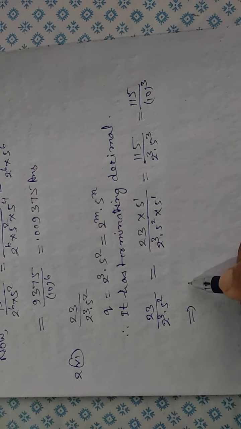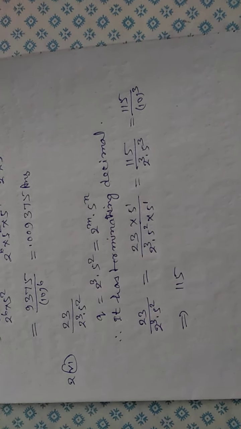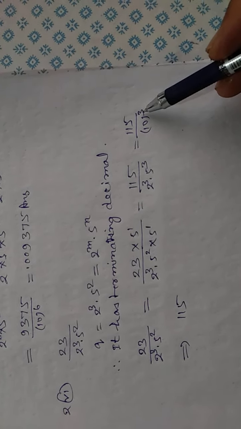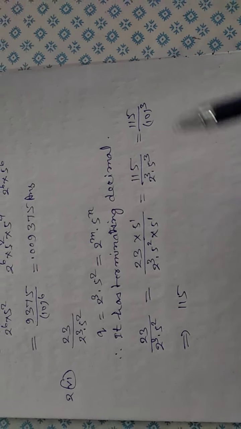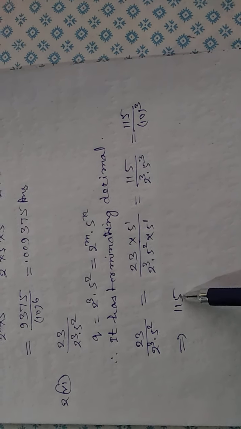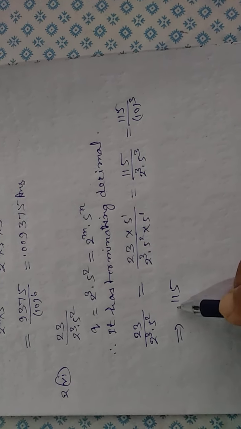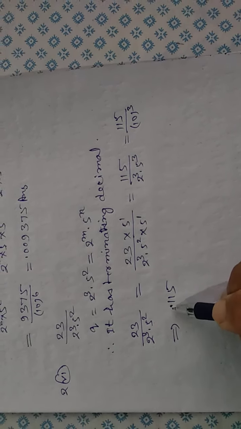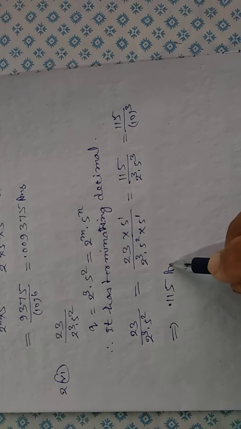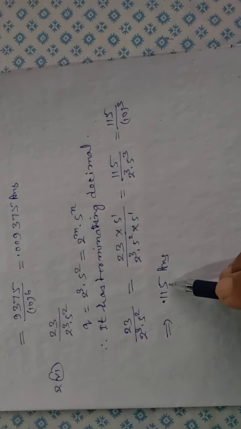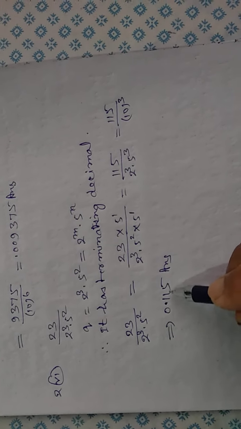Now, since the power of 10 is 3, your decimal will be 3 places left from this 5. So count 3 places left from 5: 1, 2, 3. Your decimal will be after 1, and this is the answer: 0.115.